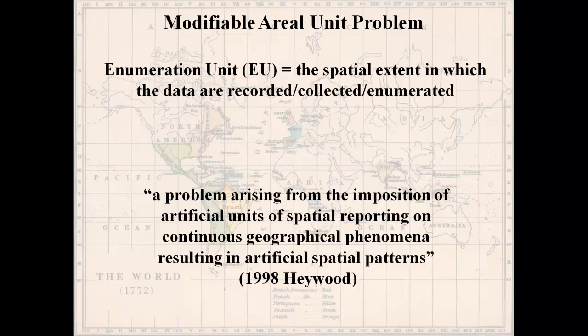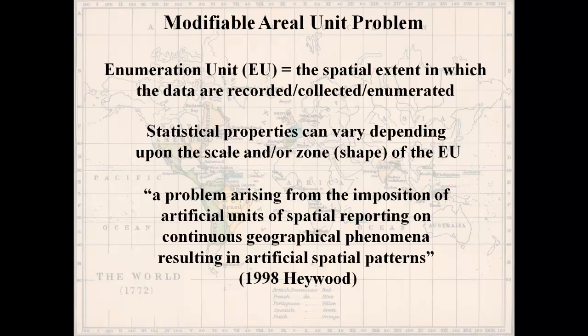So you have an enumeration unit, that's the extent in which the data are collected or enumerated or recorded, and the statistical properties can vary depending upon what that enumeration unit is, how big it is, and what the shape is. So there's two pieces to this modifiable areal unit problem. There's zone and scale pieces.